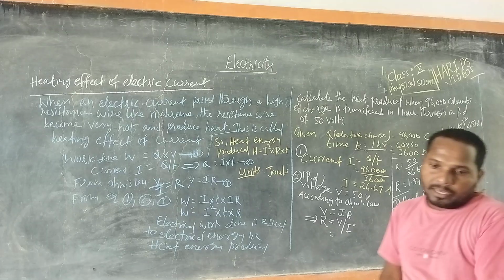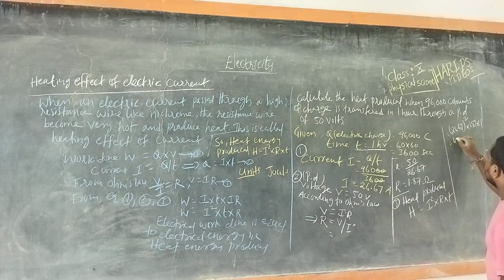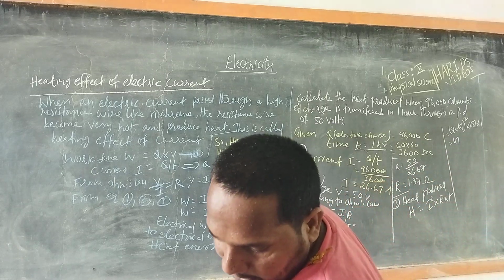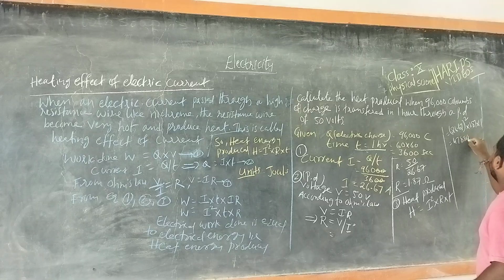By simplification, we get 4,78,840 joules.